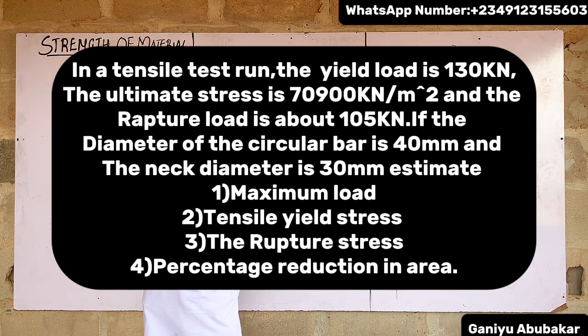If the diameter of the circular bar is 40 millimeter and the neck diameter is 30 millimeter, estimate.